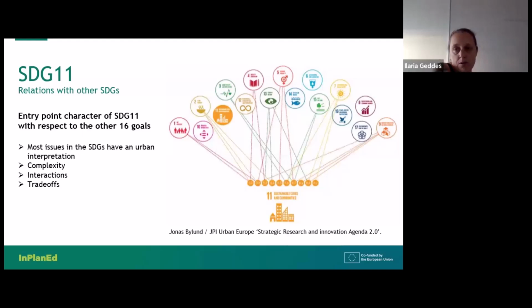So it just shows plausible relations between 11 and all the others. It's not necessarily exhaustive, but it shows the urban challenges and goals can support the fulfillment of other goals. Again, we also have to bear in mind that they might impact on other goals.